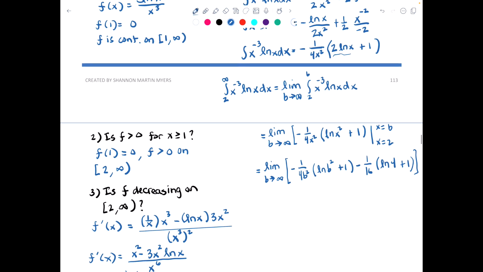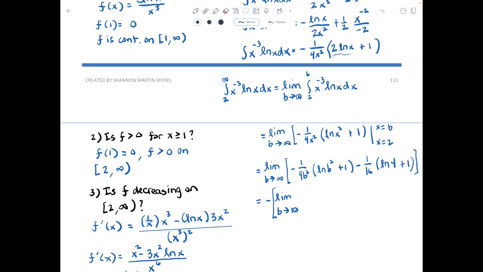They both have a negative, so let's factor out that negative. The first one will have the limit, but the second one will not because there are no b's in the second term.